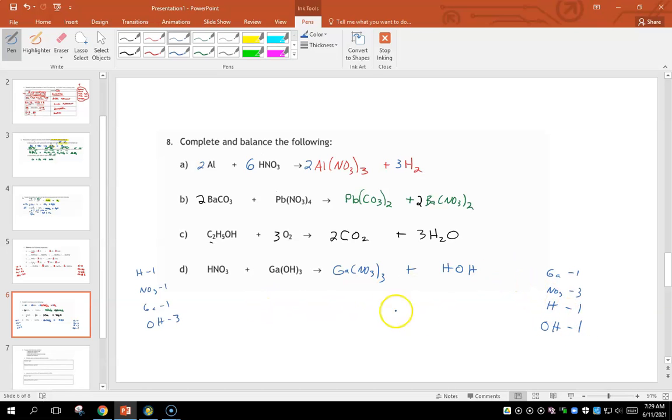Okay, so I'm out of balance on my hydroxide side. I'm going to need 3 hydroxides over here. That also brings my hydrogens up to a 3, which means I'm going to need to put a 3 here. It also brings my nitrates up to a 3, and I believe that balances us out.